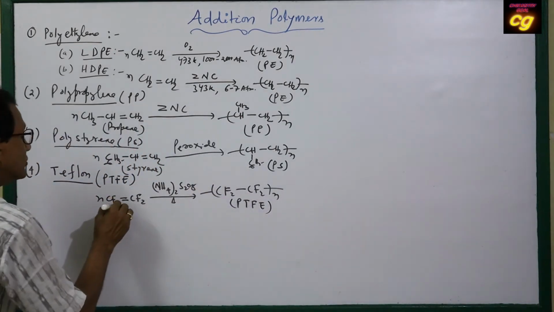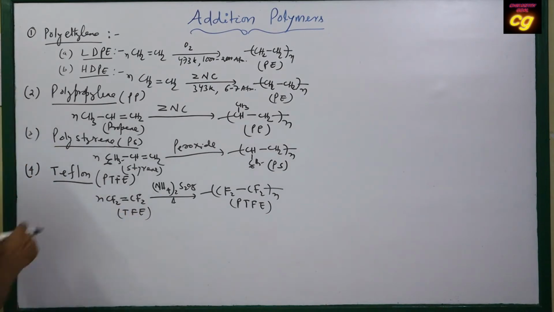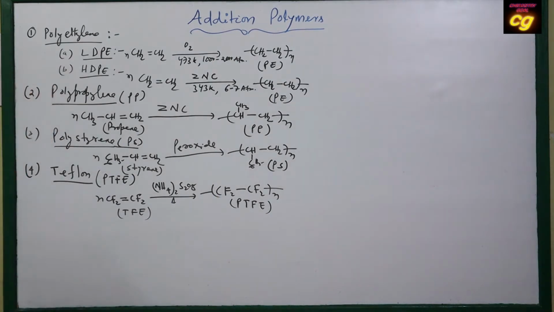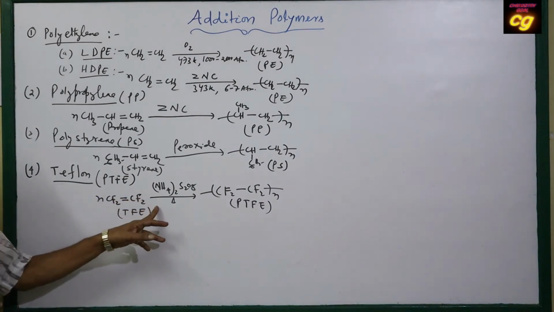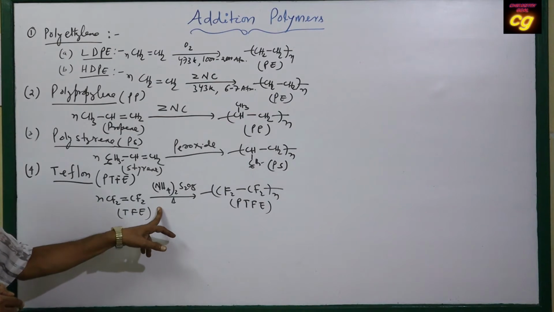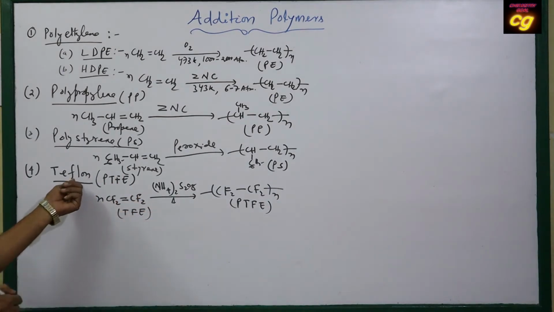The monomer is called tetrafluoroethylene because 4 fluorine atoms are attached to 2 carbon atoms. Mainly it is used for non-stick materials, non-stick utensils. Your iron and cooking utensils are also coated with Teflon.